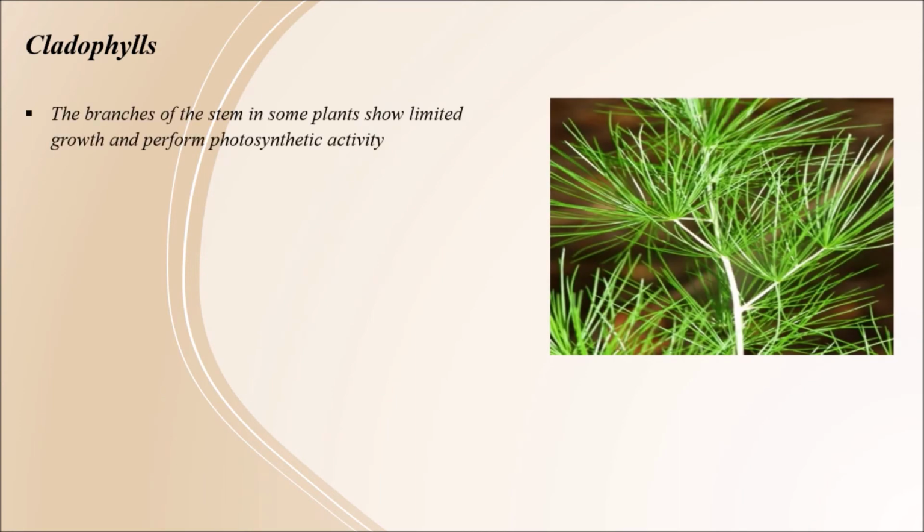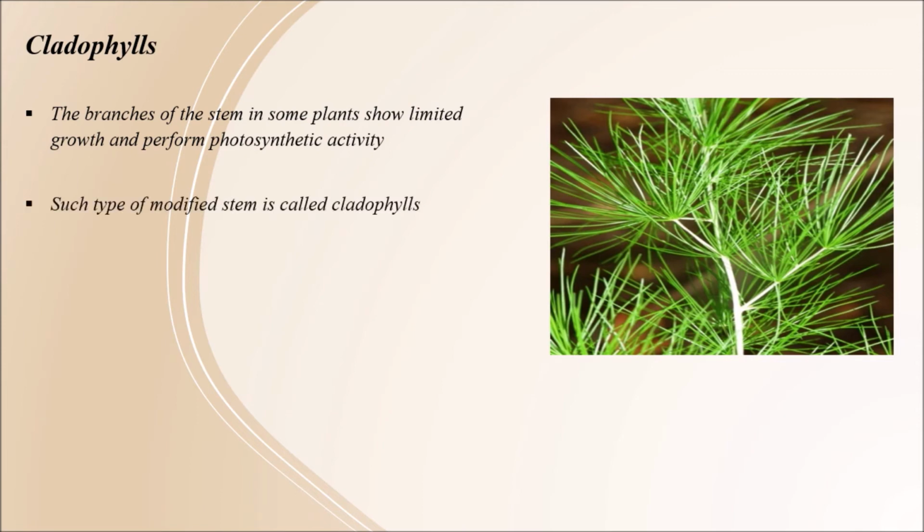And coming to Cladiophils, these are a very special type of modification. The branches of the stem in some plants show limited growth, that limited growth could be to one or two nodes length, and they perform photosynthetic activity.